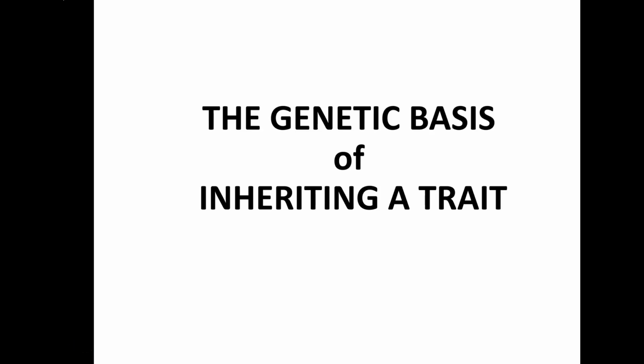Good morning, class. So today we are going to start talking about the genetic basis of inheriting a trait. We talked about mitosis and meiosis. And meiosis is basically the process in which the sex cells or gametes are produced.